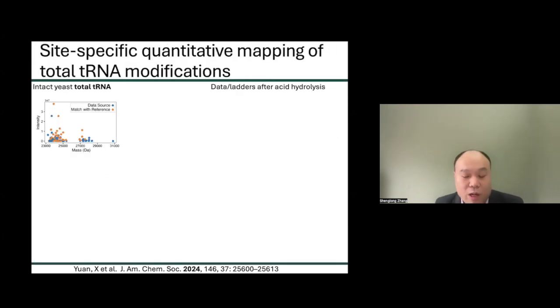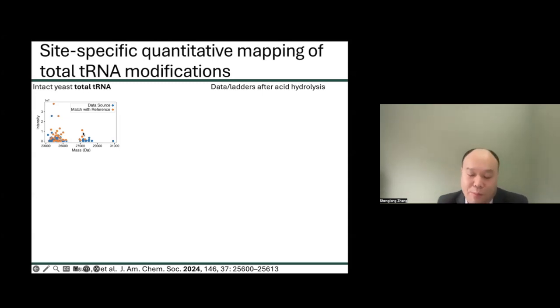And this method can also handle complicated samples like total tRNA. This is the data we observed from total tRNA. You can see each dot here represents one tRNA, because a tRNA has a mass of about 24,000 Dalton. So each mass here indicates a tRNA.